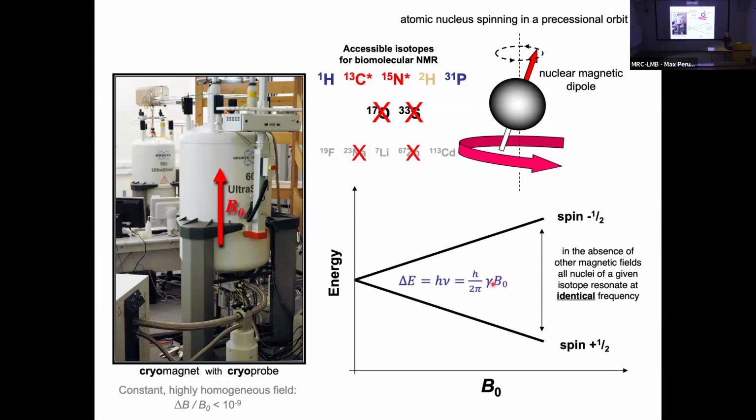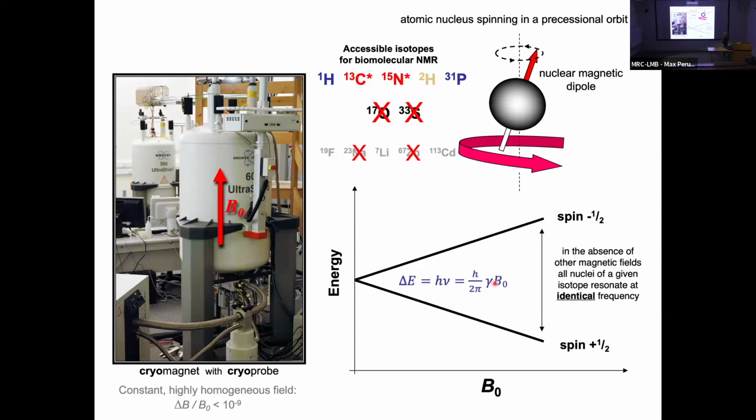So automatically, we're throwing away all but 1 part in 10 to the 5 of our signal. It makes it a very insensitive technique. It's tractable for our purposes, but it does make it much less sensitive than other forms of spectroscopy.